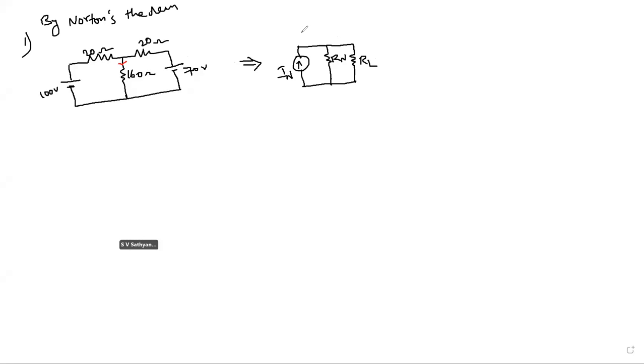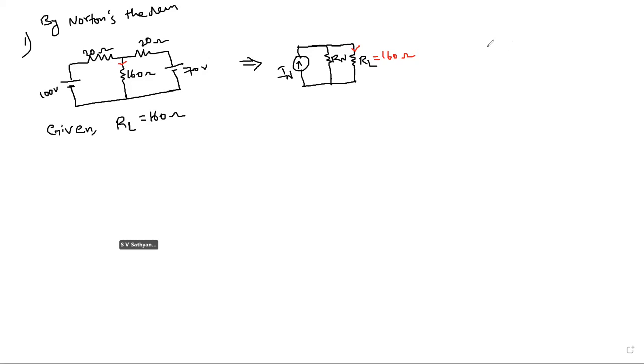What is the next step? What is the given data? RL is equal to 160. Very good. They have given it in the problem, so we immediately substitute in the equivalent circuit. Now they are asking the current passing through 160.